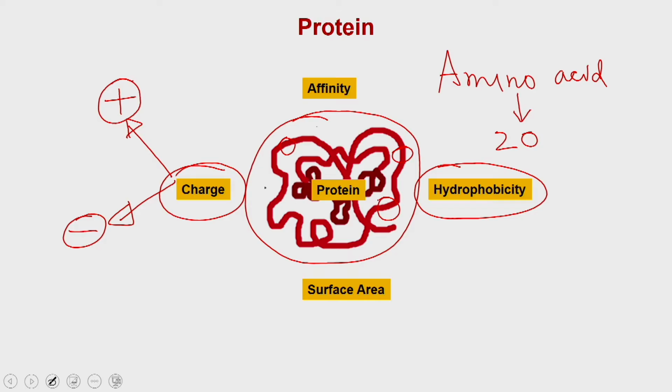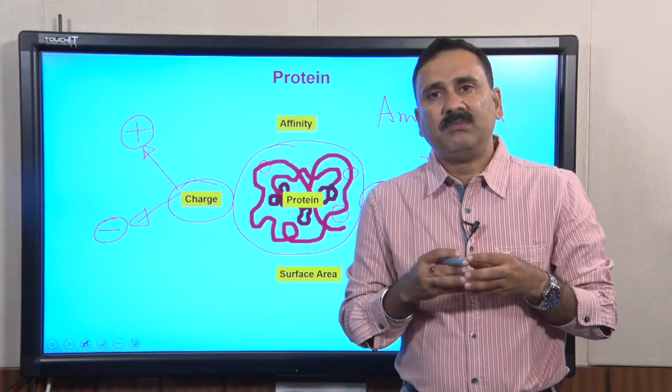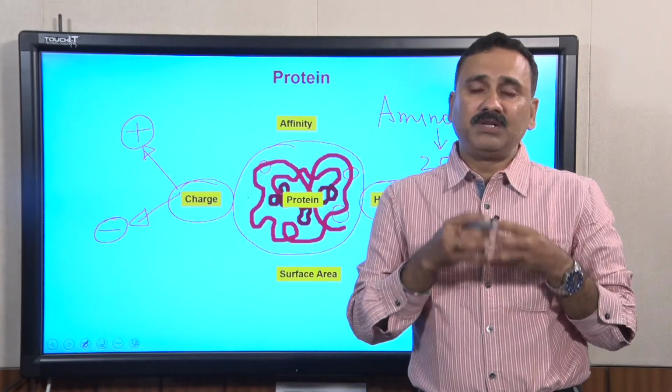Now, the proteins acquire 3-dimensional conformations, and based on the amino acid composition, a protein could have a smaller surface area or a larger surface area, which means the 3-dimensional ball you see could be of smaller diameter, or of larger diameter.